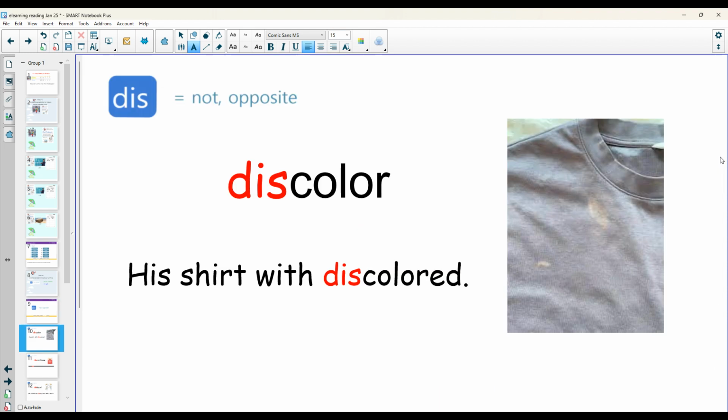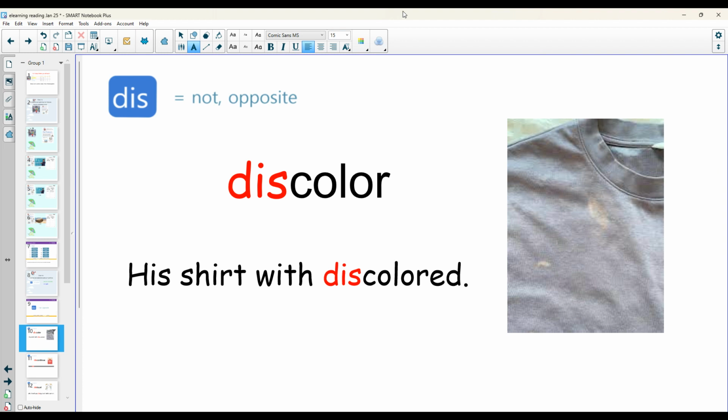Let's take a look. Here I have the prefix dis and the base word color. Discolor. What does discolor mean? Well, dis means not or opposite. So discolor means opposite color.